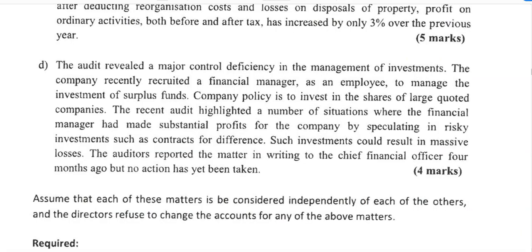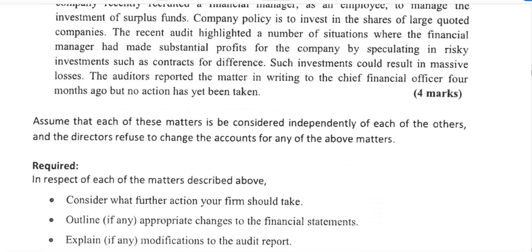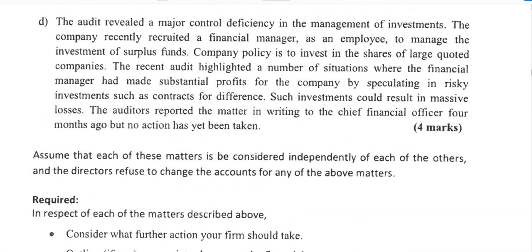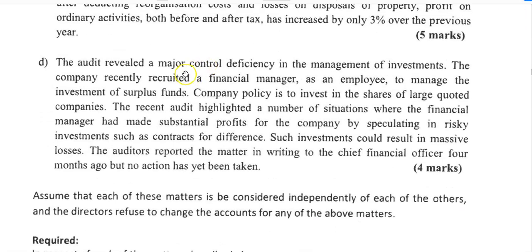So here is an example. I'll just explain modifications, changes, further action. Slightly different, but anyway. So number D there, a major control deficiency, substantial profits of the company.